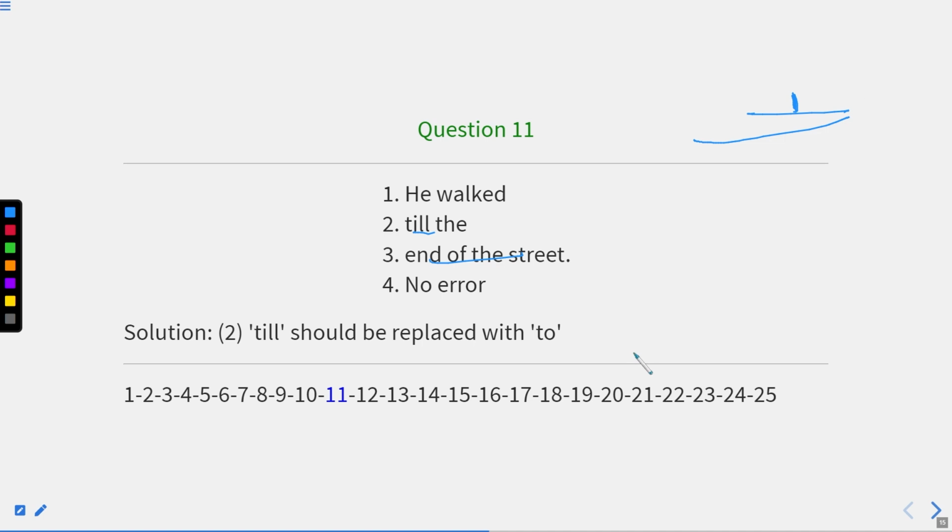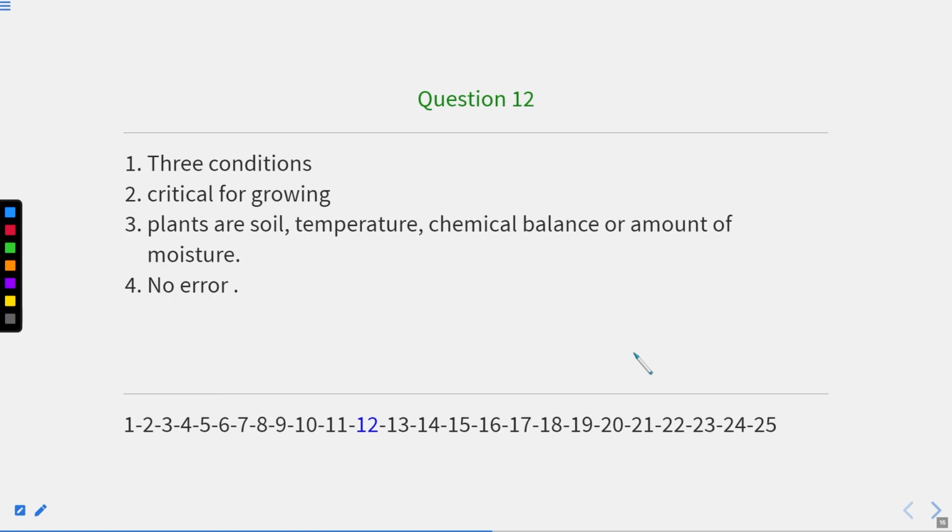Now let us move to the question number 12. Three conditions critical for growing plants are soil, temperature, chemical balance, or amount of moisture. Now, whenever we have some points in one thing, we need to add and, because or makes the choice and and makes the addition. So here the correct connector to be used should be and.